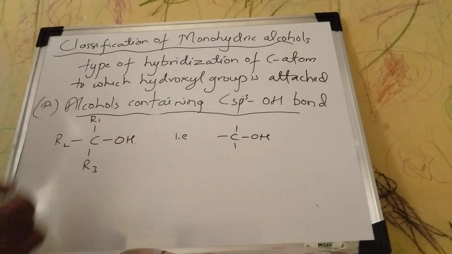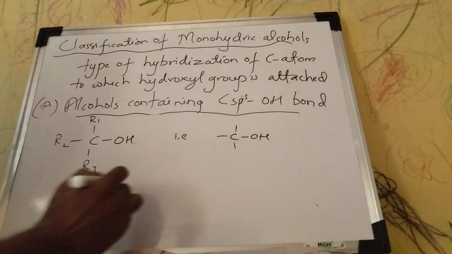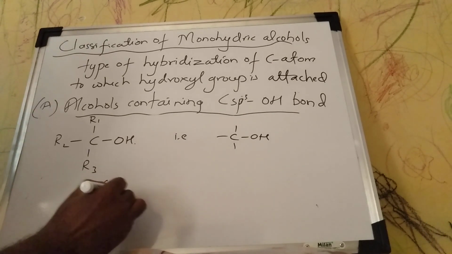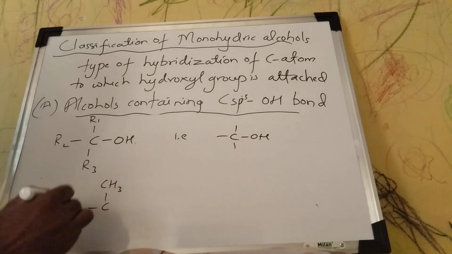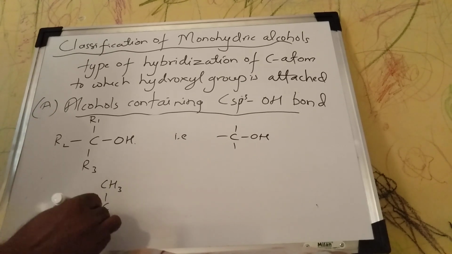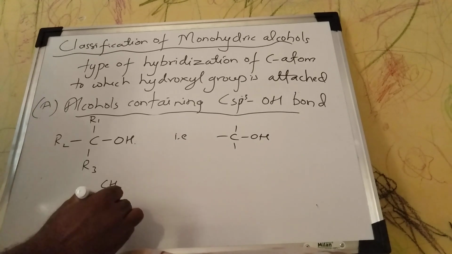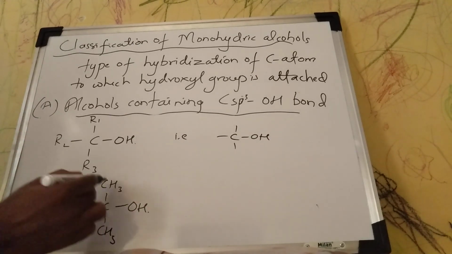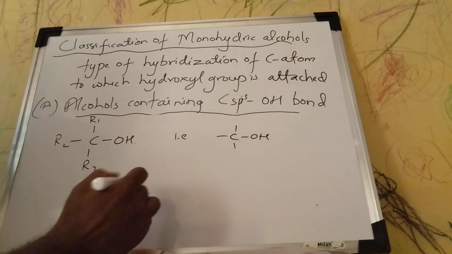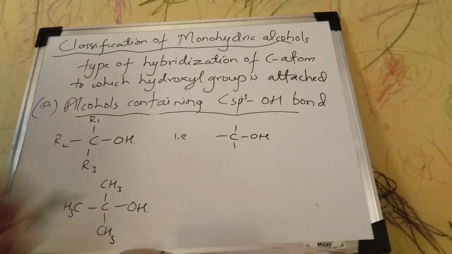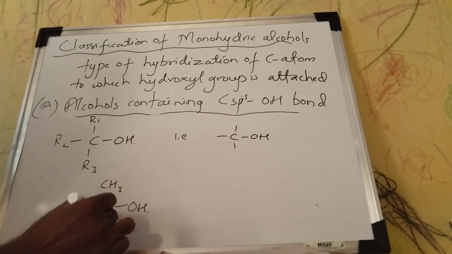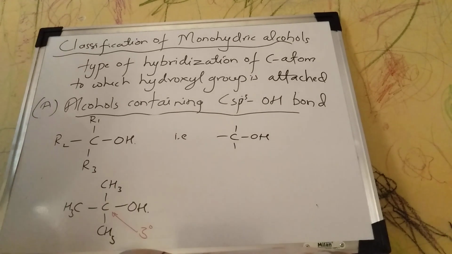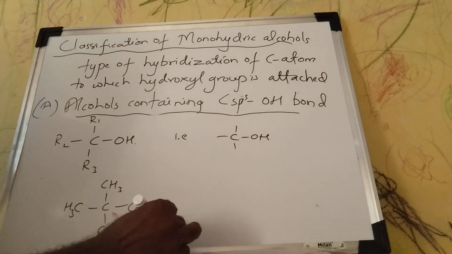We'll replace all the R with the alkyl groups. One carbon attached to three carbons is called the tertiary carbon atom.